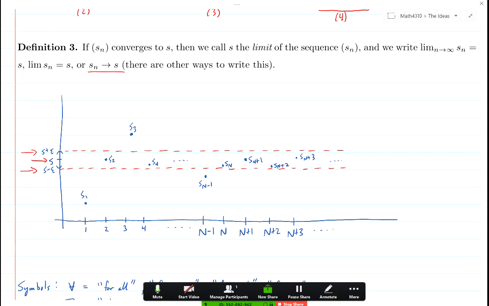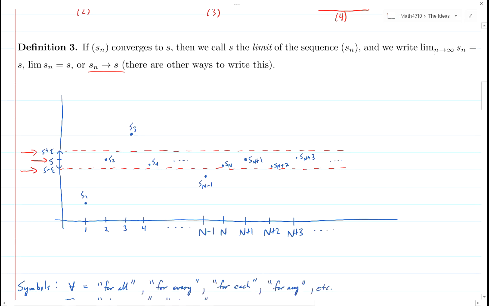For any number epsilon greater than 0, pick any number, as long as it's greater than 0, there is some index that I have to be able to go out to far enough in the sequence such that that term and all the terms that follow that term in the sequence are within an epsilon distance of the number s. And I've indicated that interval around s, where all the terms in the sequence have to be, by these dashed horizontal red lines.